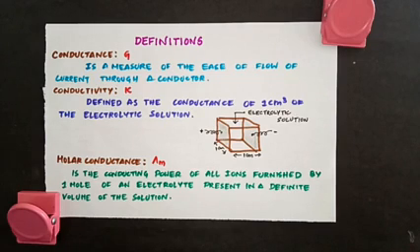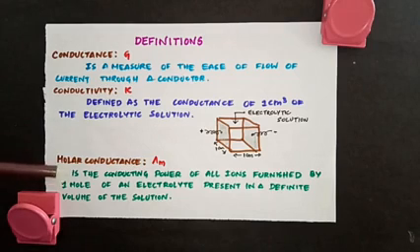Molar conductance is defined as the conductance of all the ions produced by 1 gram mole of the electrolyte in solution. It is the conducting power of all the ions furnished by 1 mole of an electrolyte present in a definite volume of the solution, and that is represented as del M.